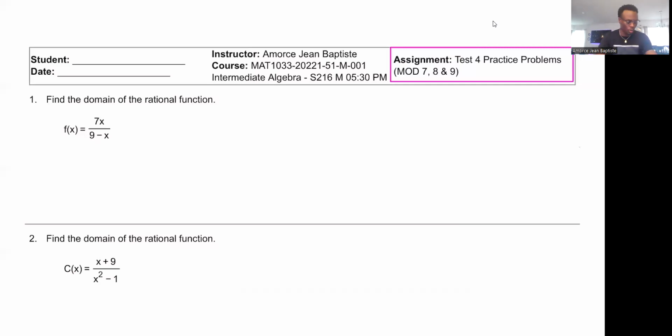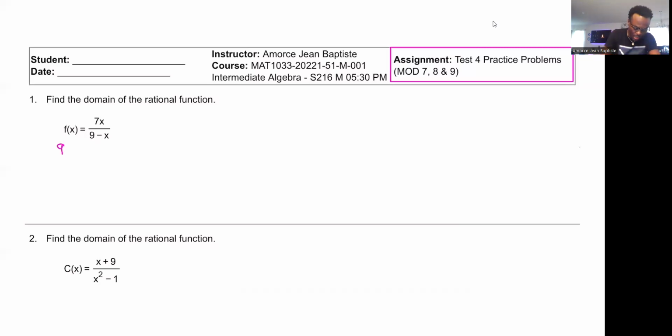So let's get started for number 1. Number 1, find the domain of the rational functions. Function f of x equals 7x over 9 minus x. So for rational function, to find the domain, you need to set the condition that the denominator cannot be 0.